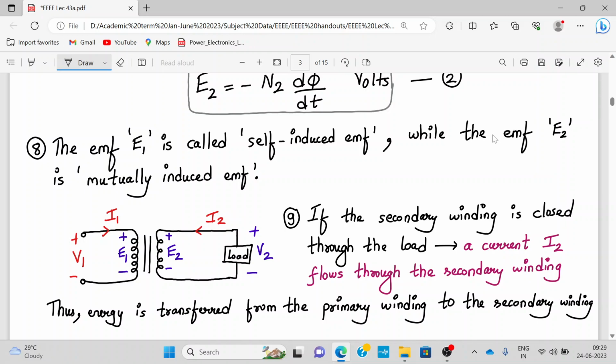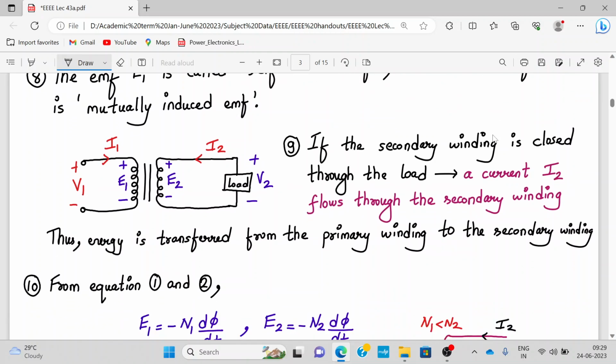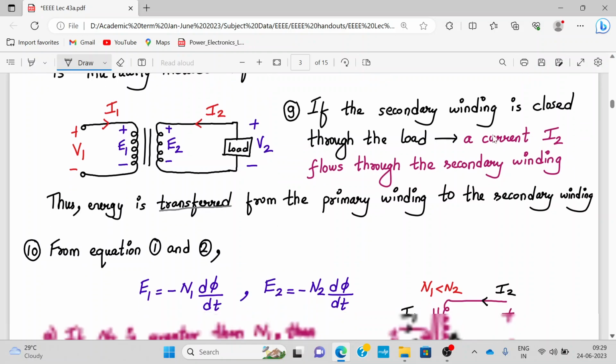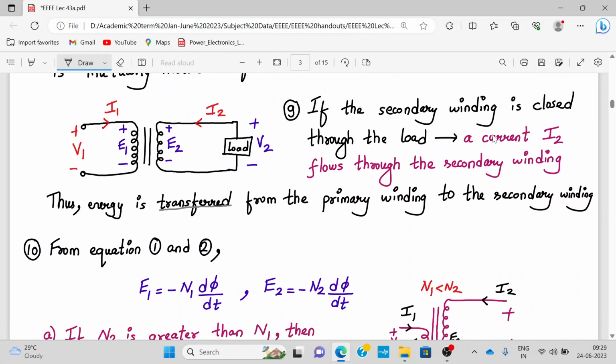So therefore we can say that energy is being transferred from the primary winding to the secondary winding. That's why the transformer transforms the electrical AC voltage into an AC voltage itself at the secondary output. Now that AC voltage might be lower than the applied voltage, or it can be greater than that.